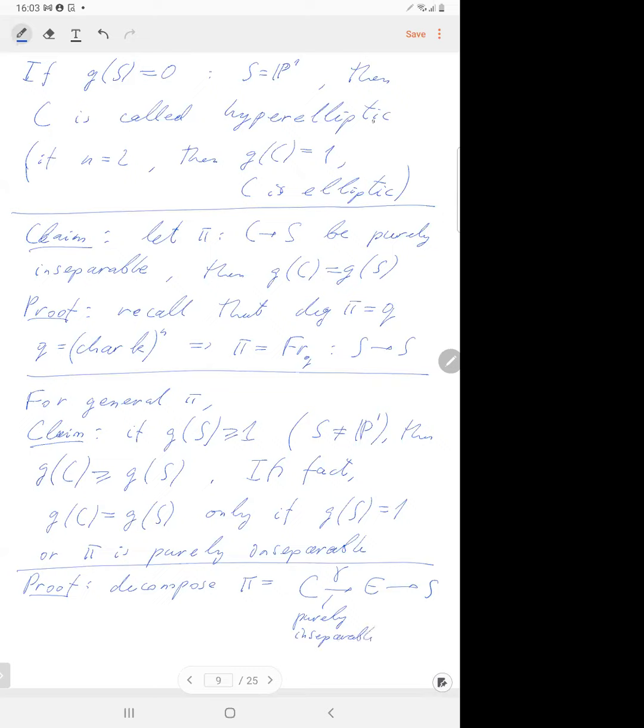And the second will be, say, eta, and this will be separable. Now, by the previous claim, I may assume that pi equals eta, because purely inseparable does not change anything, I mean, does not change the genus.